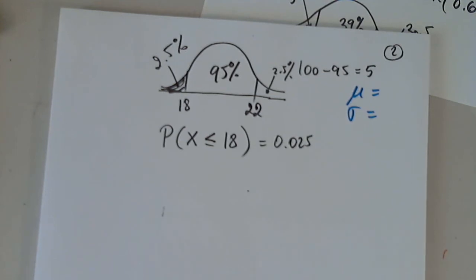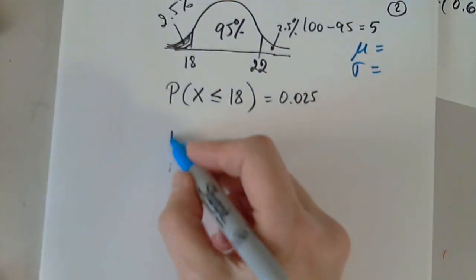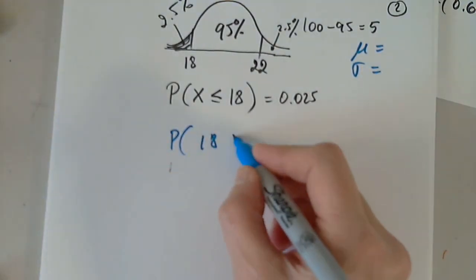So I gave you permission, if you feel like sharing with us, that would be great. I give you permission to share so we can see what you did. So another way of checking will be to determine the area between 18 and 22.